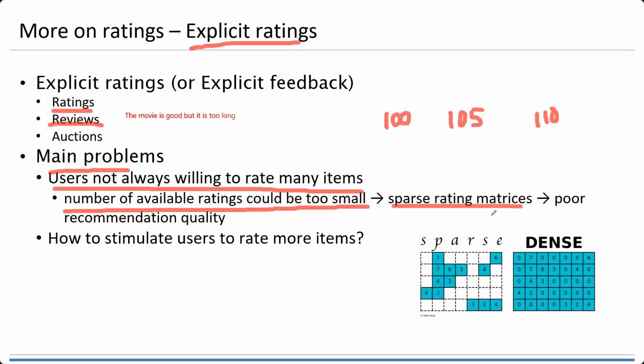So if we have this kind of matrix, it is sparse. We need to fill with zero. So it is more complicated to do the prediction. The quality of the prediction will be poor.